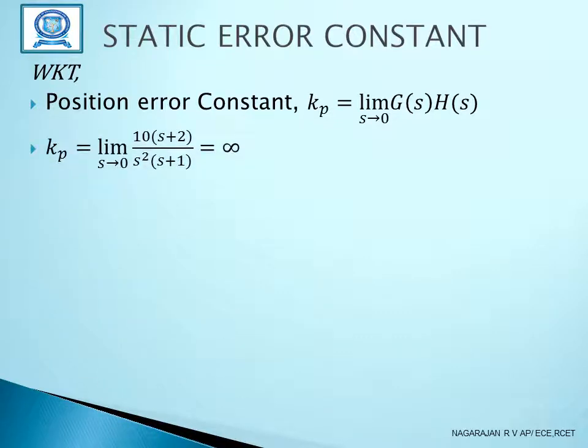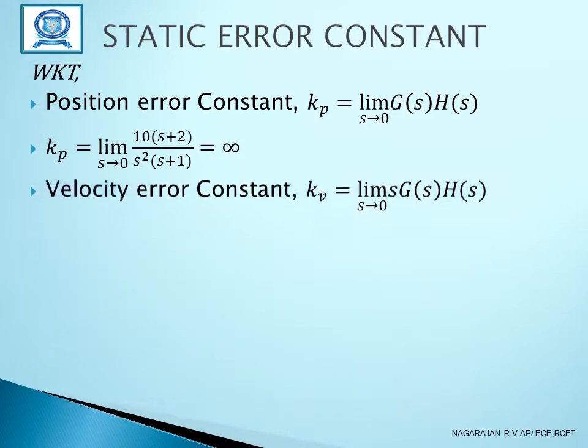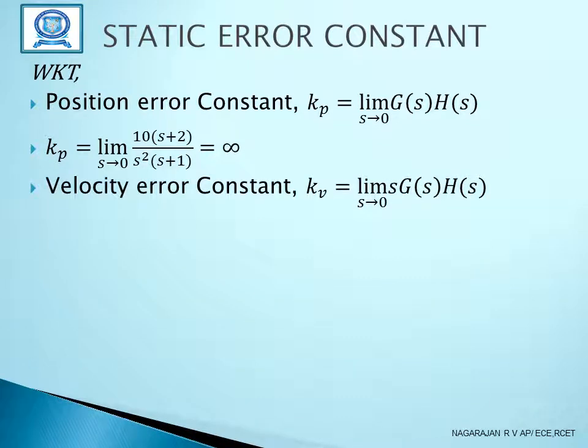So Kp is equal to limit s tends to 0 of 10 into (s plus 2) divided by s square into (s plus 1). Here, in this limit we need to substitute s is equal to 0. When s is equal to 0, the Kp value is infinity.